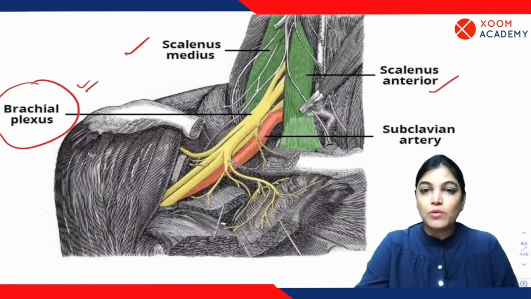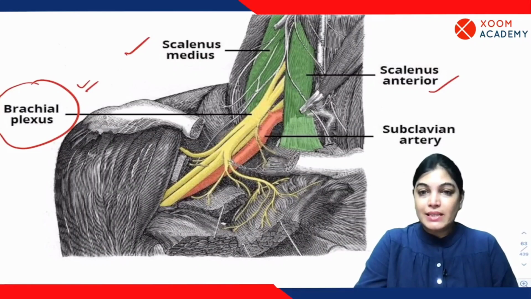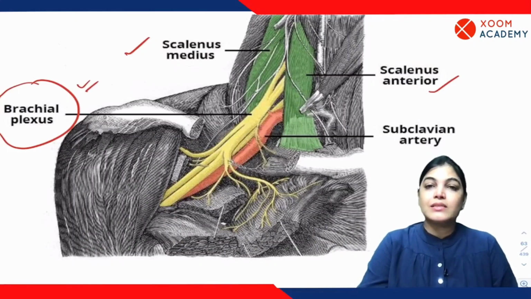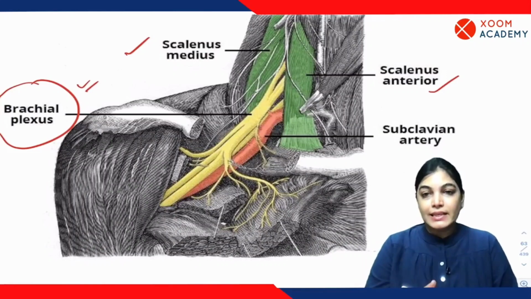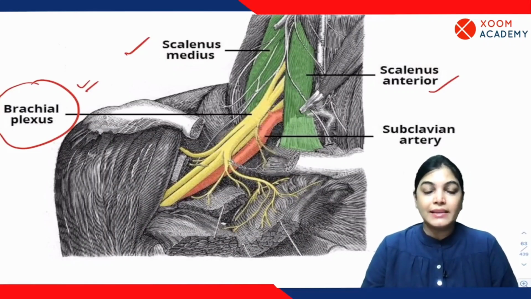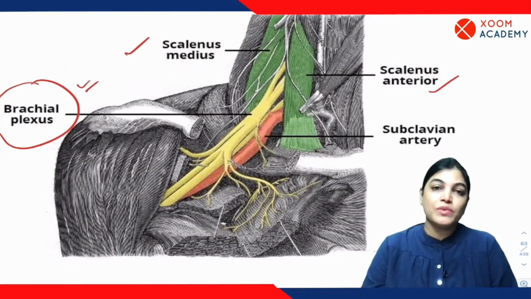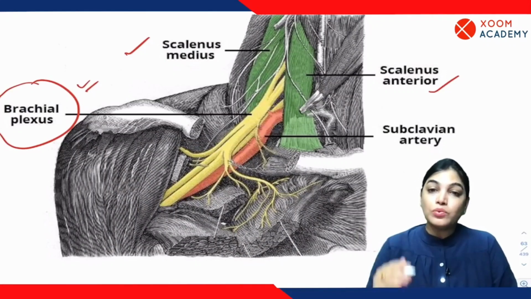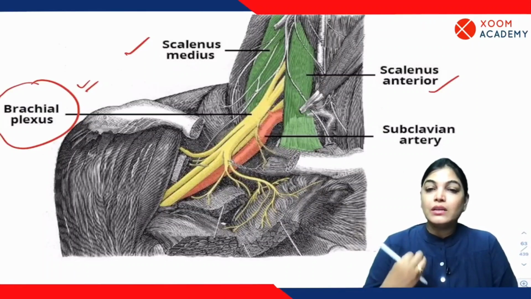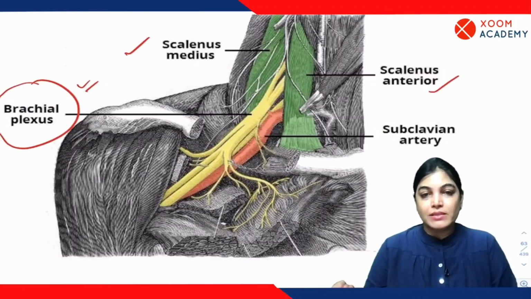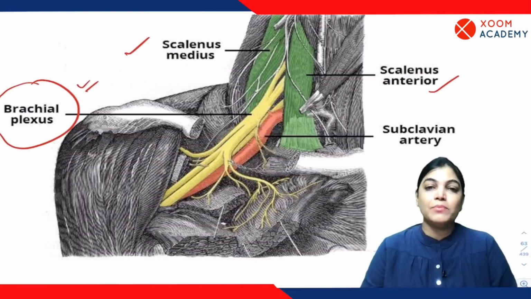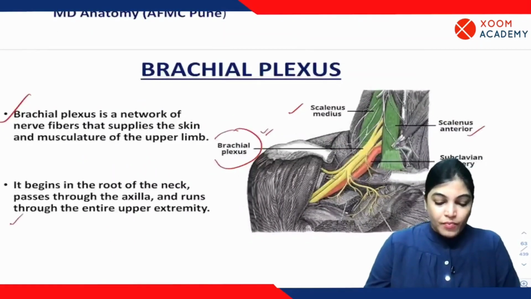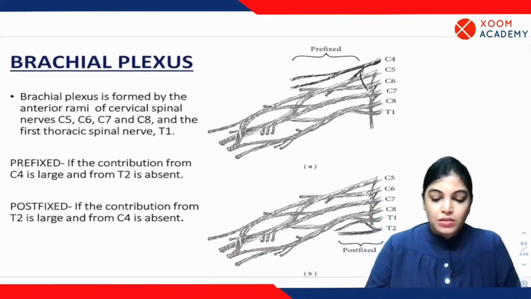Which scalenus group of muscles? That is scalenus medius and anterior. So the brachial plexus is coming out between scalenus medius and scalenus anterior. Both roots and trunks of brachial plexus reside in the neck region. What do you mean by the root? The nerve root which is forming the brachial plexus. Now, let's talk about the formation.